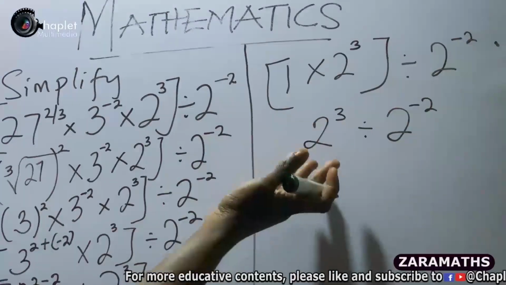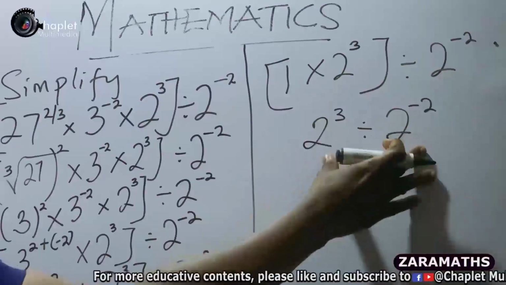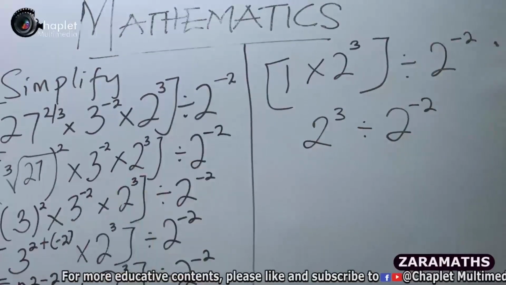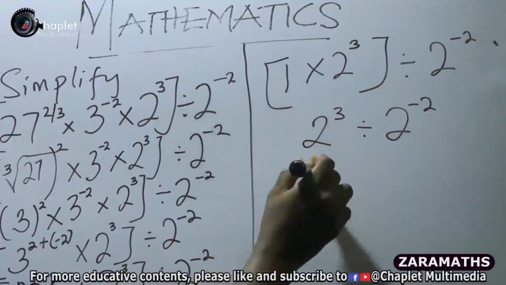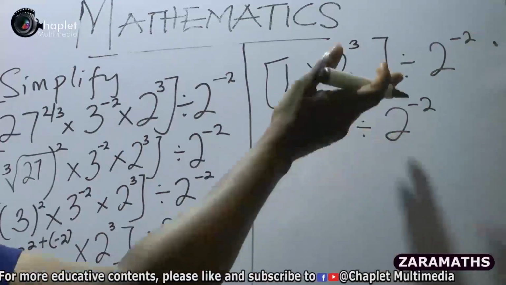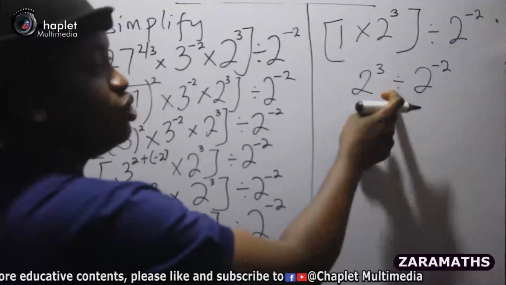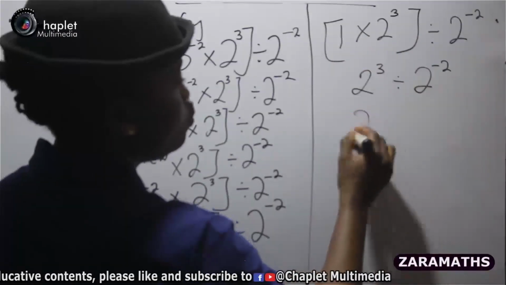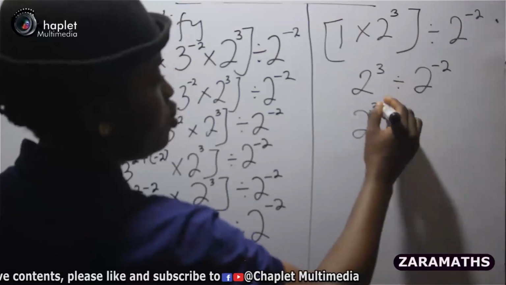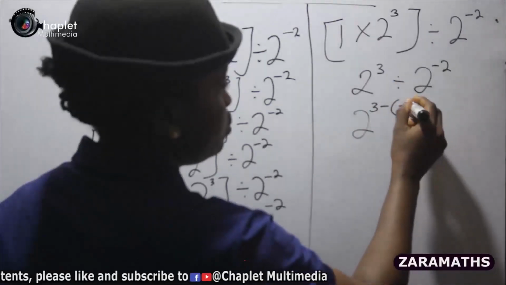In this case, you discover that 2 is the base. Both have the same base, so we can apply the division law, that states that division becomes a negative. So 2 raised to the power of 3, division becomes minus minus 2.